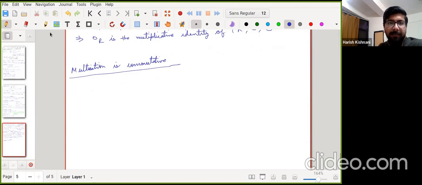So we need to show that A multiplied with B is same as B multiplied with A. So we want to show that A multiplied with B is same as B multiplied with A.